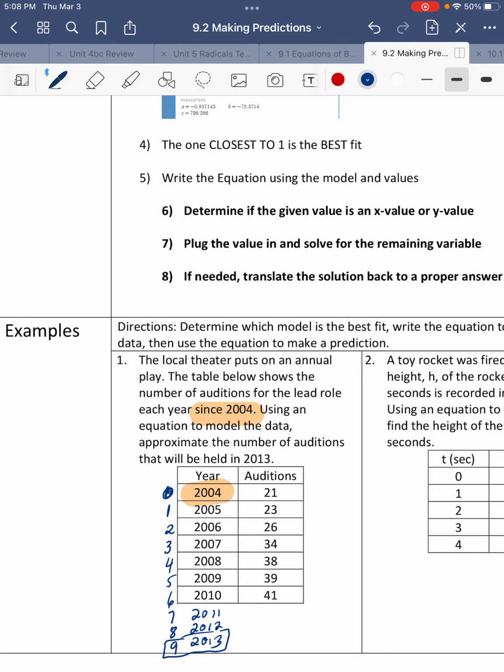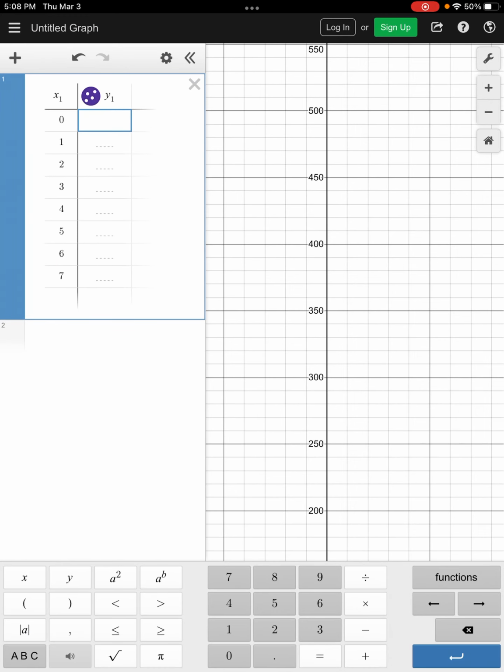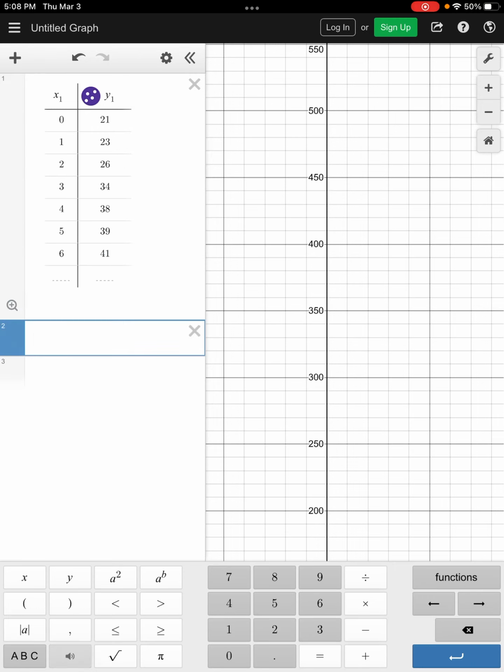If you have more than you need, then it's not good for the data. Then the y values: 21, 23, 26, 34, 38, 39, 41.